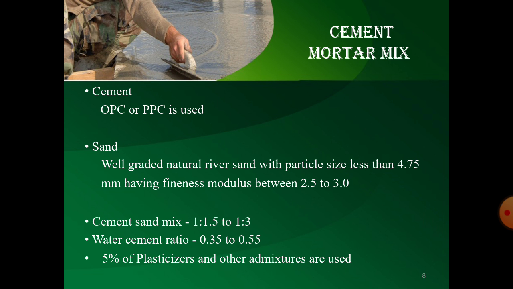Then cement sand mix in the ratio 1 is to 1.5 to 1 is to 3. Water cement ratio normally chosen is about 0.4 to 0.45 or 0.35 to 0.55. Then 5% of plasticizers and other admixtures can also be used.